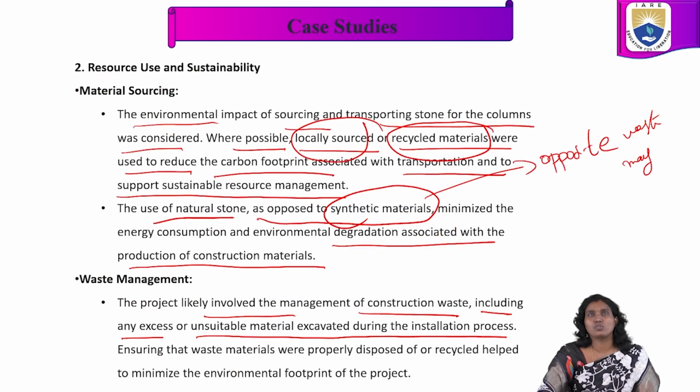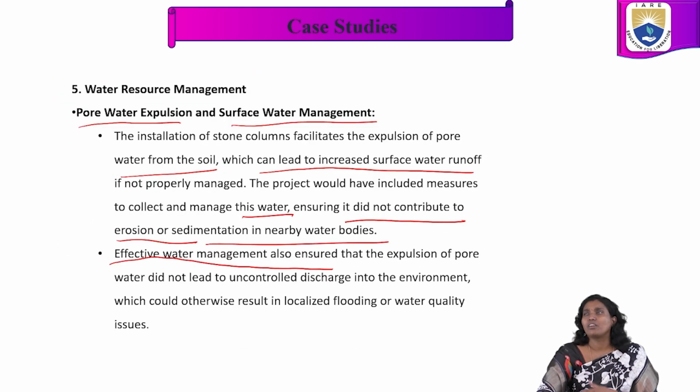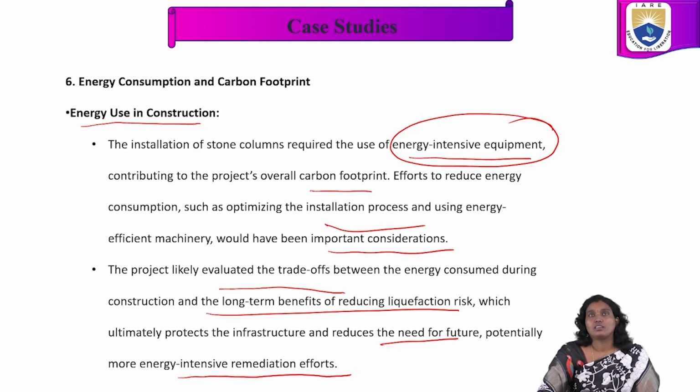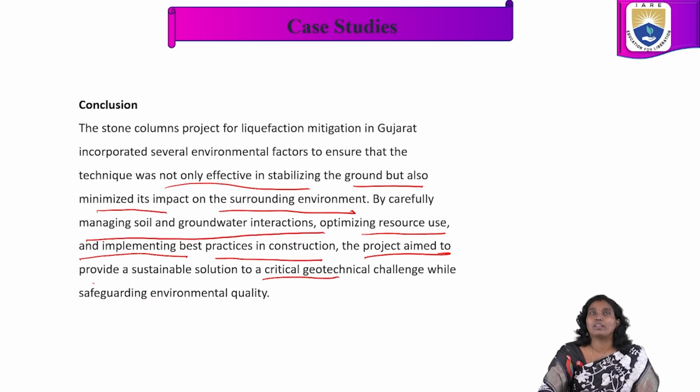and resource use and sustainability, various material sourcing, what kind of management is involved, what kind of ecosystem we have to follow, what we understand from the water point of view, air point of view, and noise, how we are going to manage, and what remedies we have. So for carbon footprint and long term environmental monitoring, these are all the parameters we understand.